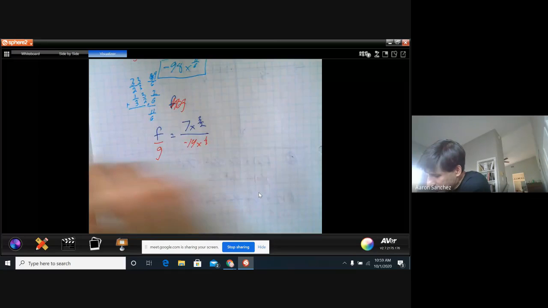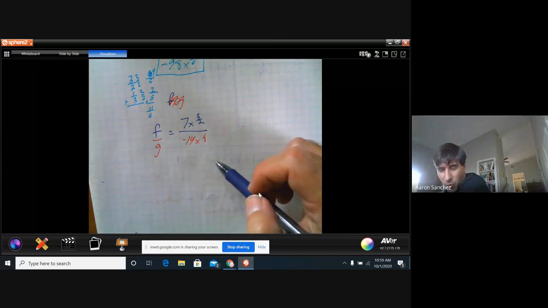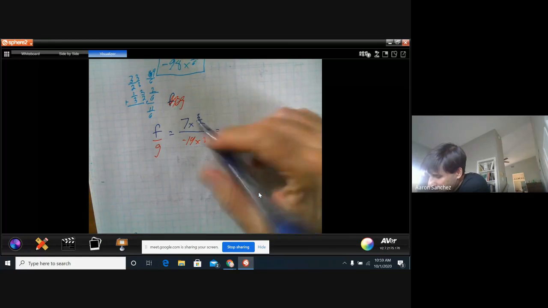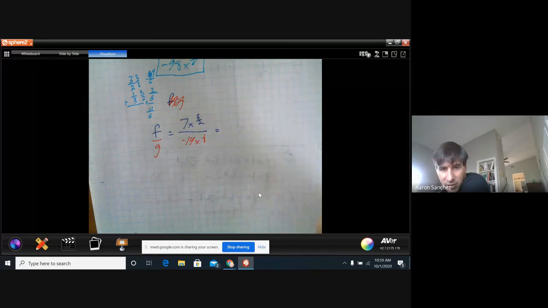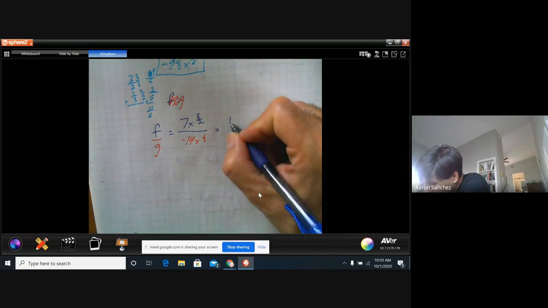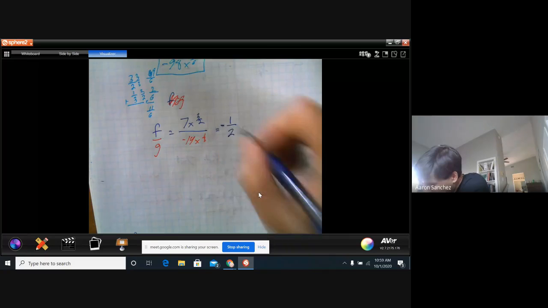Okay, so now 7 divided by 14. You can reduce this as a fraction. If you divide 7 by negative 14, you'd get negative 0.5 or negative 1 over 2. Put my negative there.